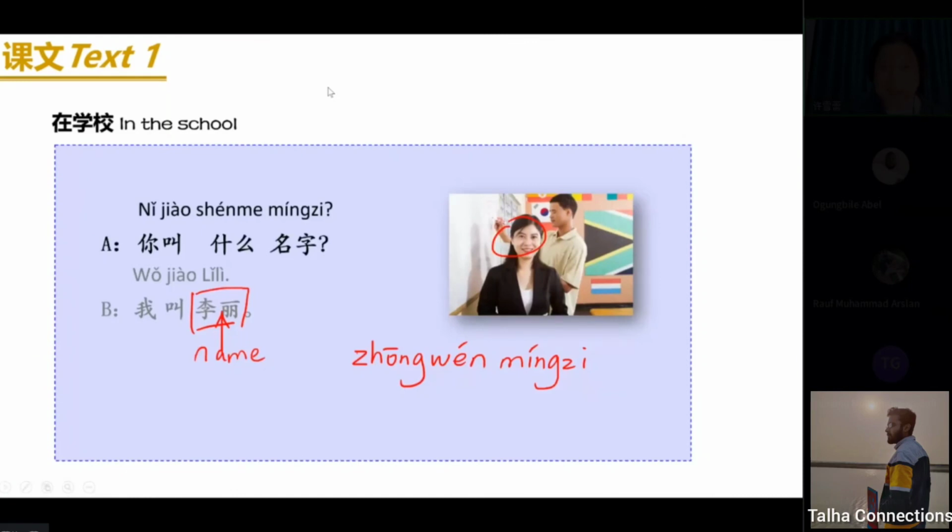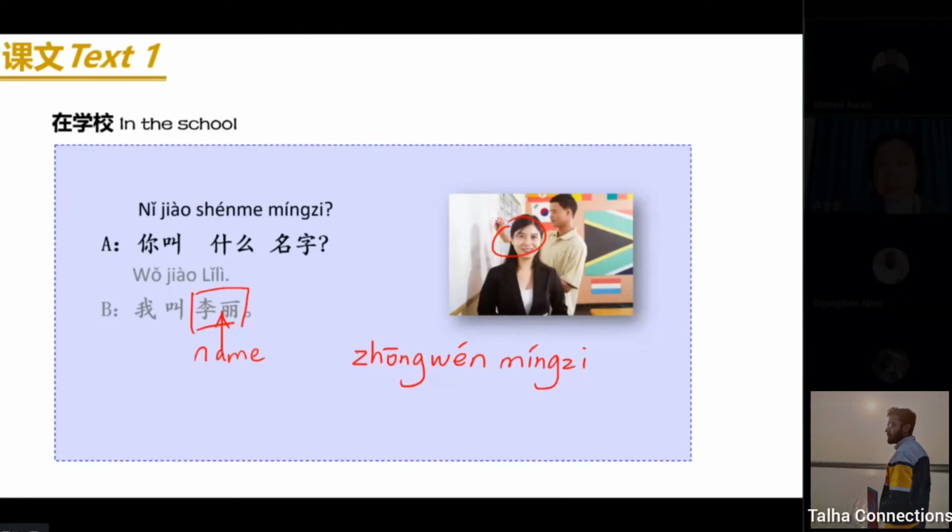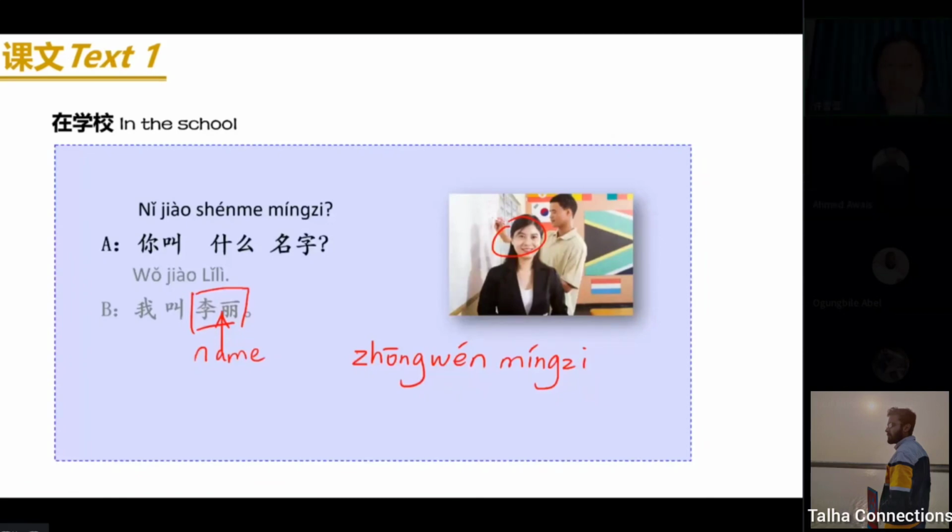你好，你叫什么名字？你好，我叫丽丽。Ah, very good. So when you reply, you can also say 你好 at first, right?